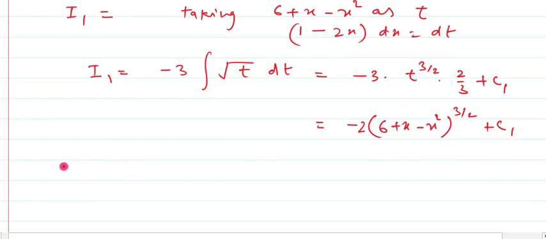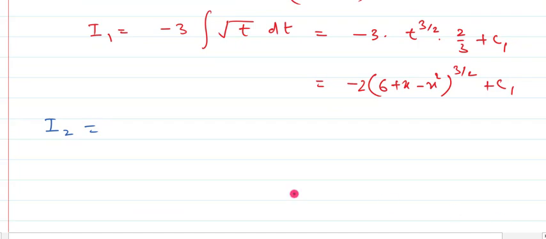Now taking I2. I2 is 8 into square root of 6 plus x minus x square dx, and you know very well what to do. We'll apply the completing the square method over here.